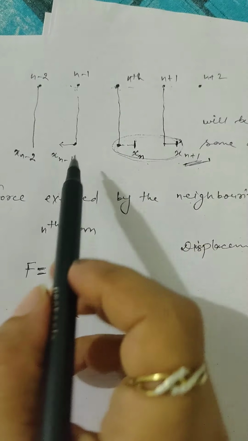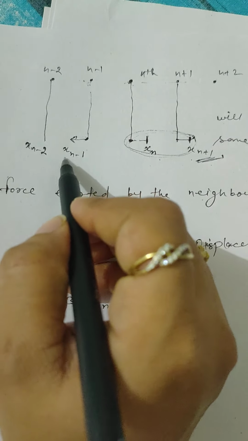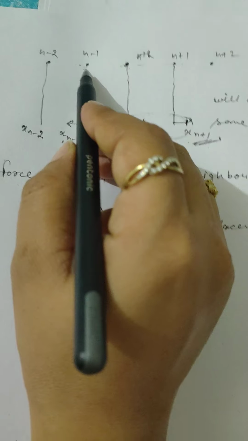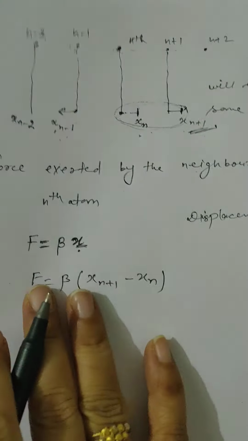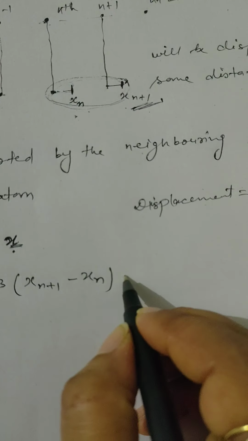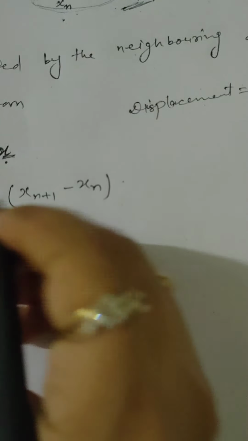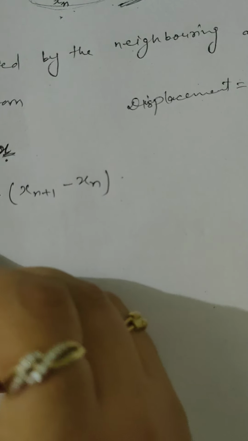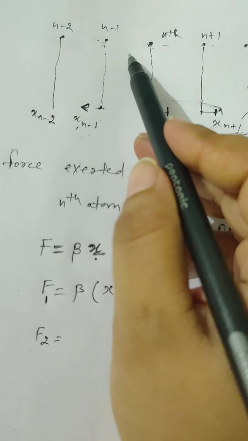Similarly, if on the left hand side I have the n minus 1th atom, it will also exert force on this xn atom. So if I am taking this direction as positive and this as negative, this is the force F1 on the nth atom and this is the force F2 by the n minus 1th atom.